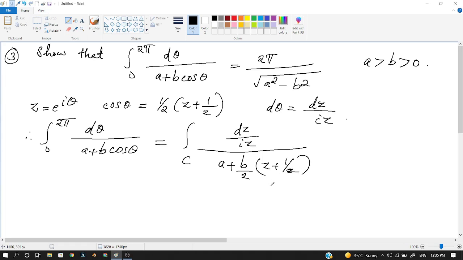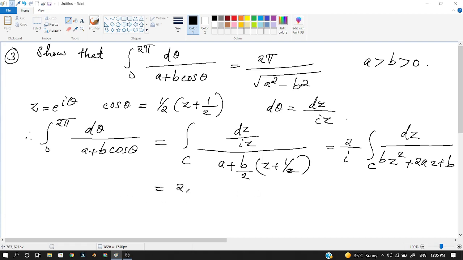Okay, so this is the same as 2 by i integral over C dz divided by bz square plus 2az plus b.